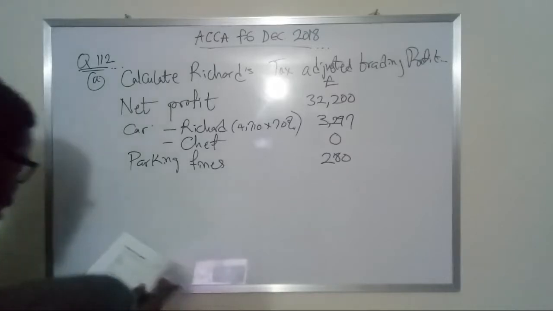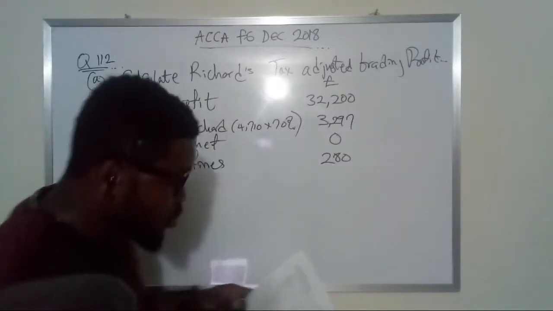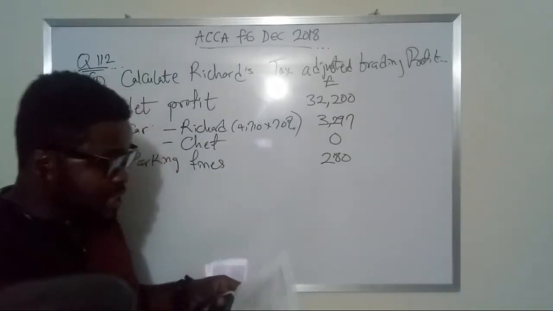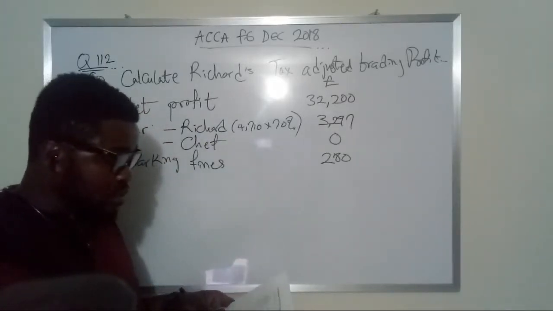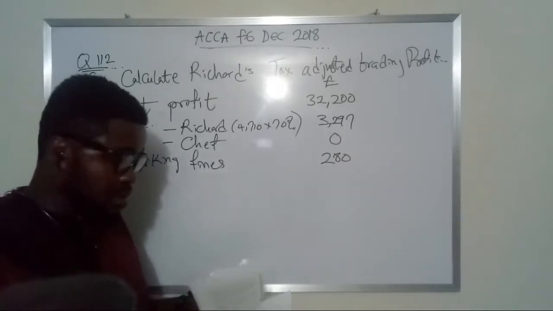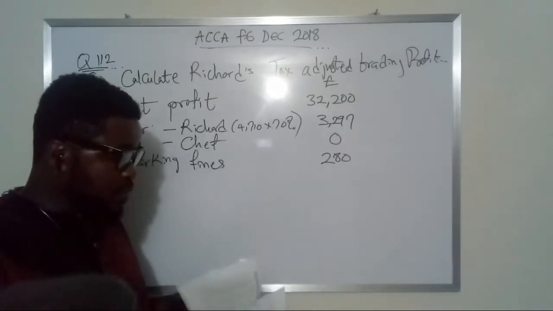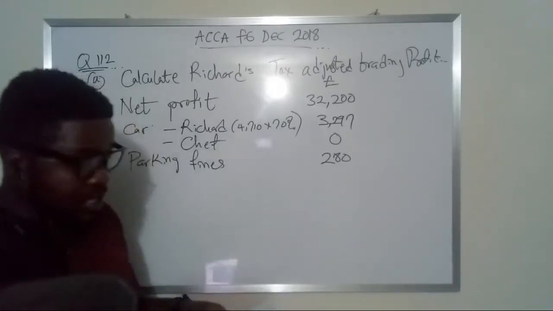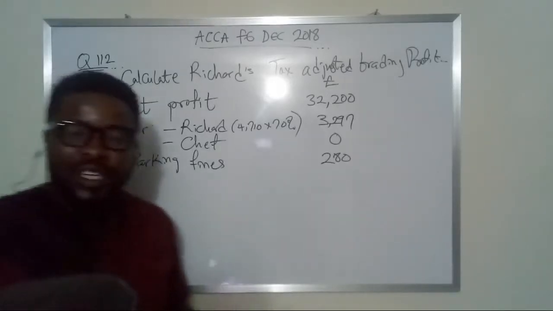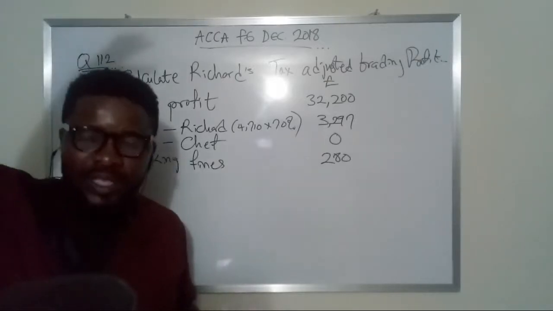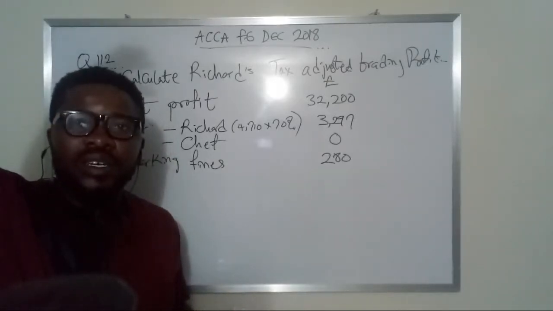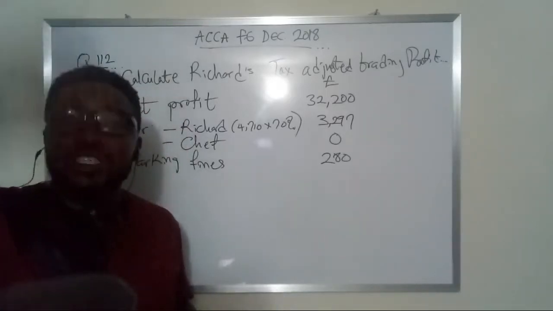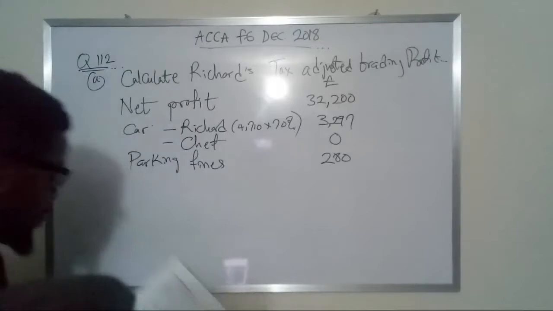Note 2 says Richard lives in an apartment which is situated above the restaurant, and 1/5 of the total property expenses of £6,200 relate to this apartment. Richard is running a restaurant. His house is on top of the restaurant. 1/5 of his property expenses is his. So they've solved this for us. It's 1/5.